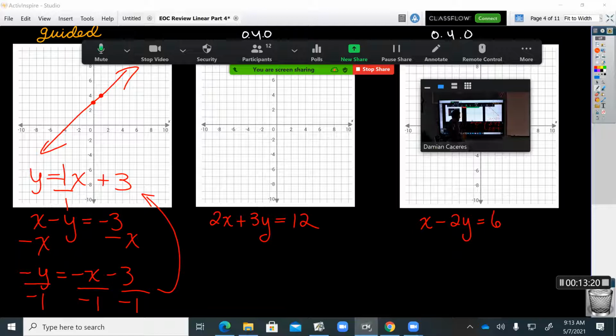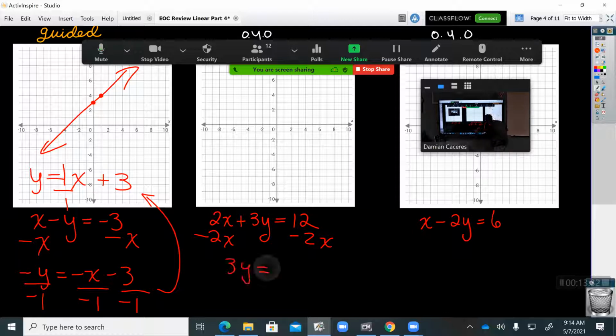So on the first example you're doing on your own here, the 2 steps, like I said, simple ones. Take away the x, so you're doing minus 2x on both sides. Now, when you bring down what's left, make sure you bring it down in the right order. Don't write the 12 first. Even though the 12's first up here, it doesn't have to be the first thing down here. Write it in the correct order.